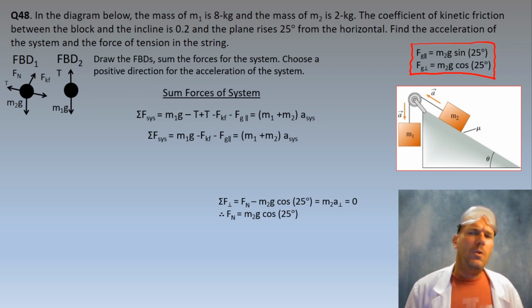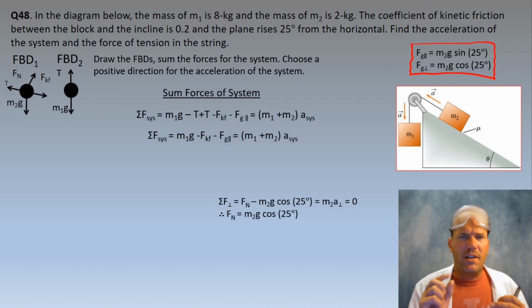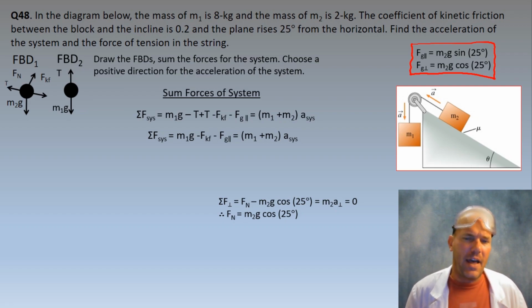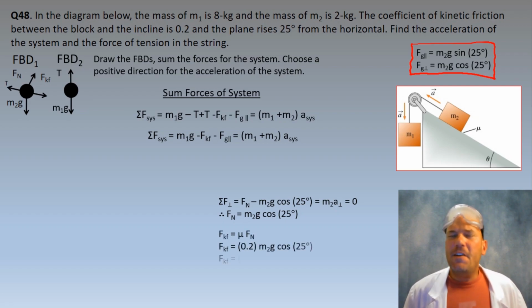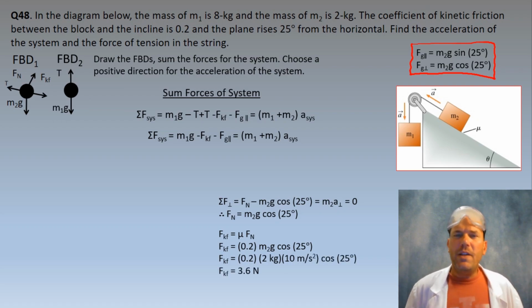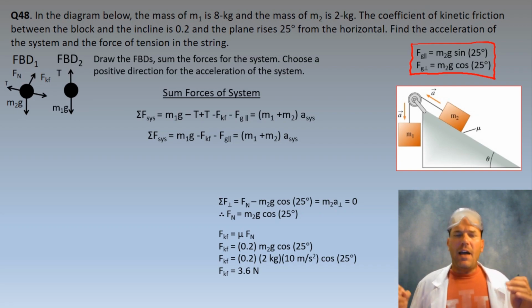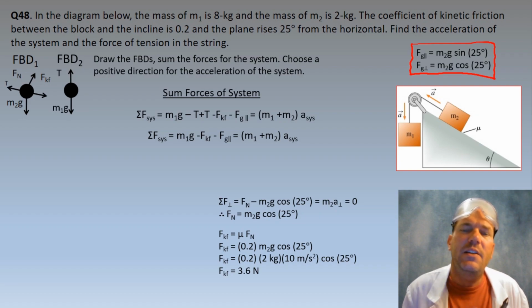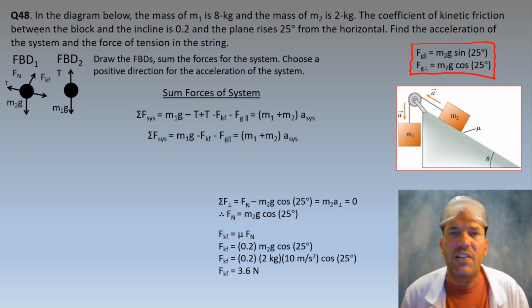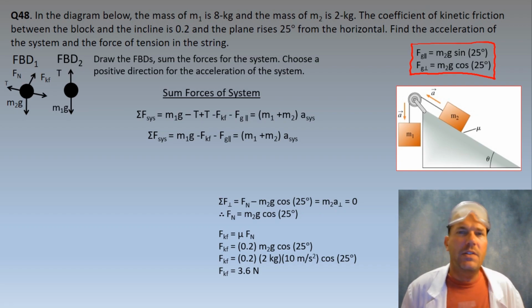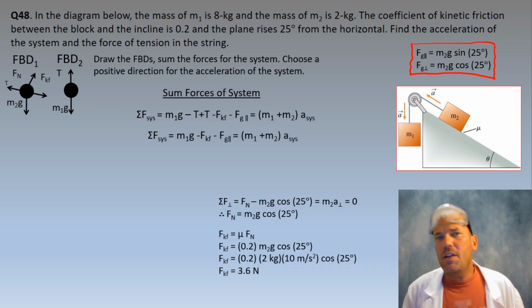So force normal is equal in magnitude to the mass multiplied by the acceleration due to gravity for object 2, and that quantity multiplied by cosine 25. Okay, physics is fun time because we know we need to find the force of kinetic friction given a mu of 0.2. So plugging in those values, we find the force of kinetic friction is equal to 3.6 newtons, and that is a force that is opposing the direction of motion.